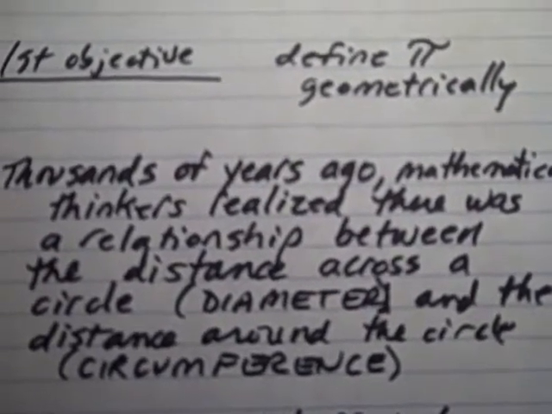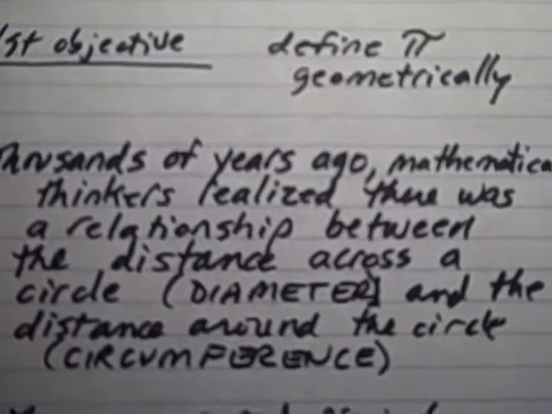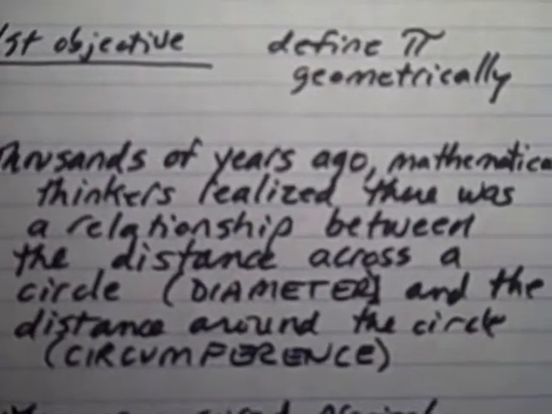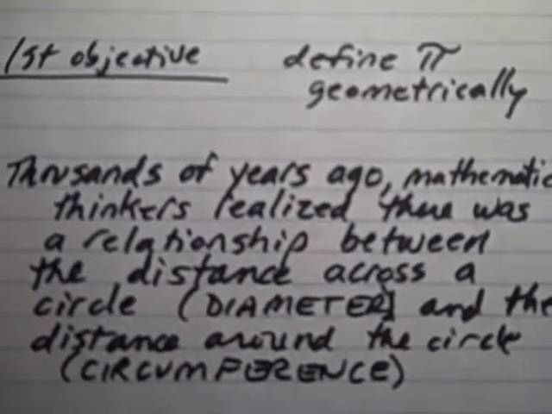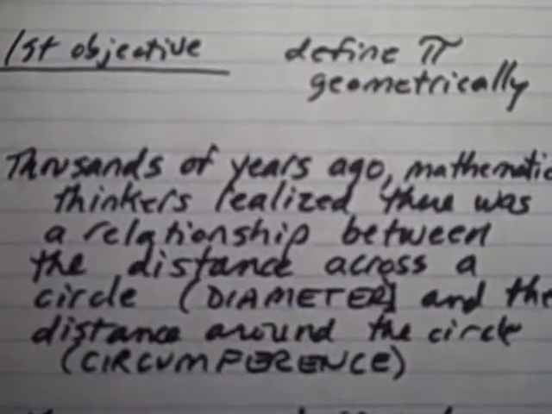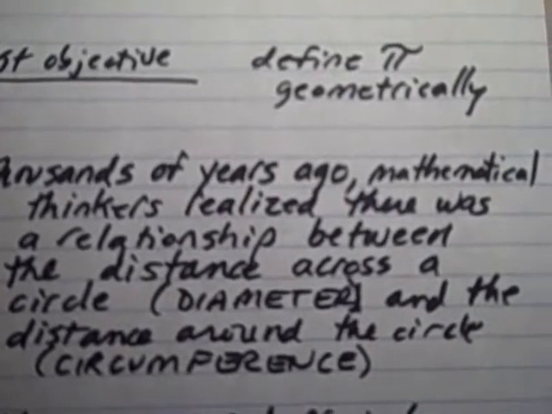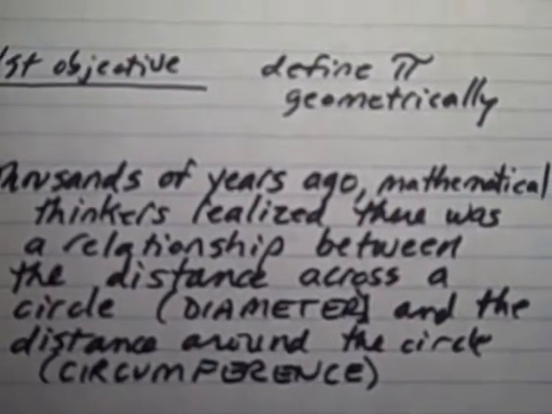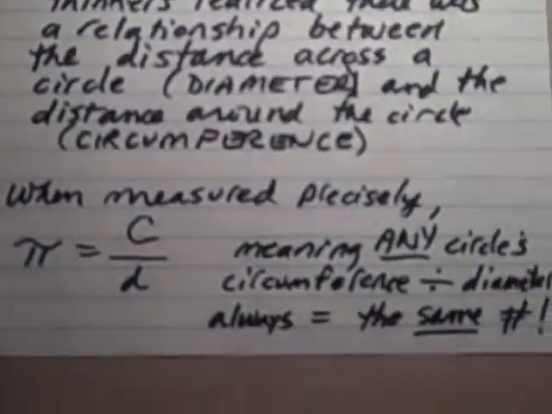For a long time, they recognized that the distance around a circle was approximately 3 times larger than the distance across it. Of course, the distance across a circle is called the diameter, and the distance around the circle is the circumference.